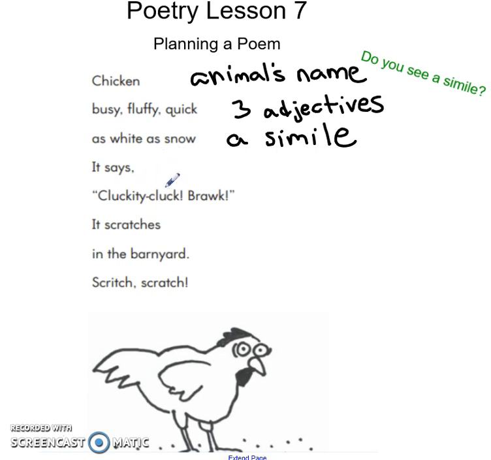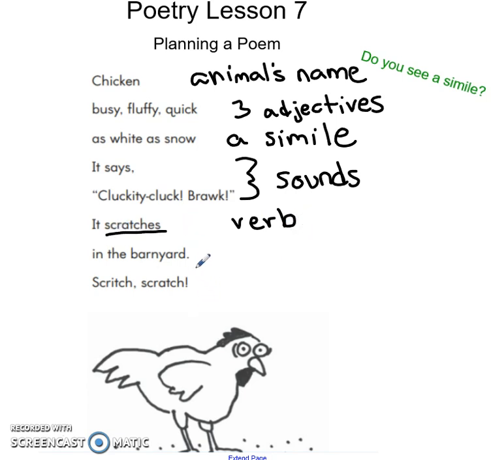And then lines 4 and 5 are the noises or sounds that the animal makes, which are onomatopoeia words. Then line 6 is a verb, which is an action that the animal does.